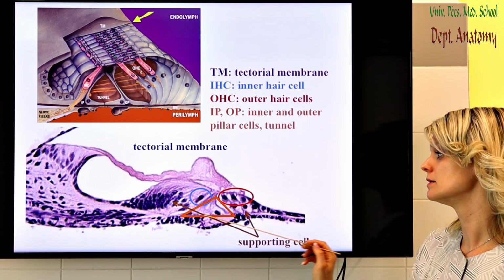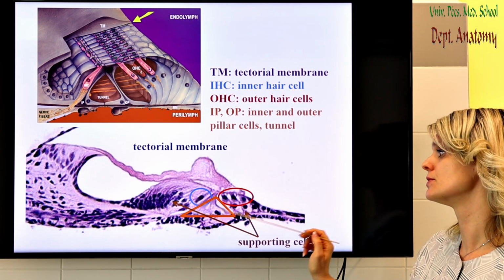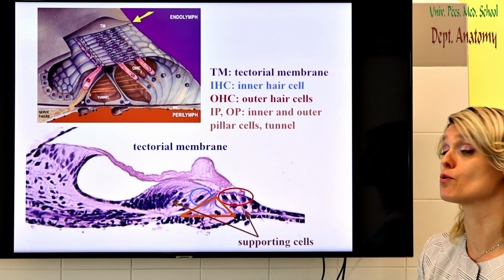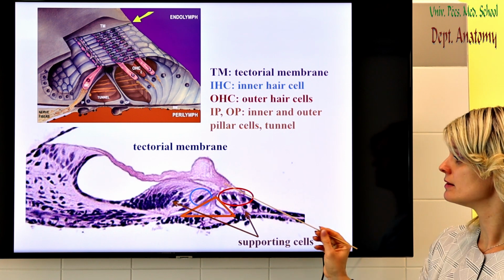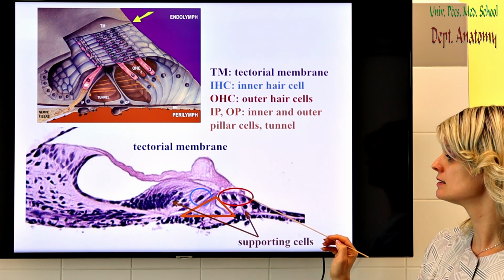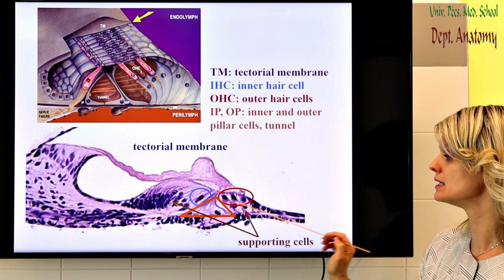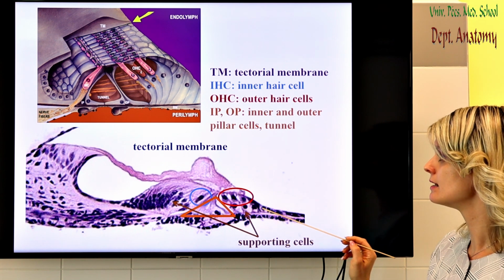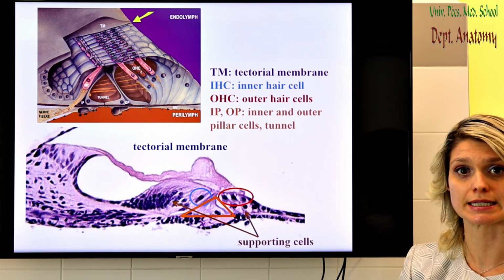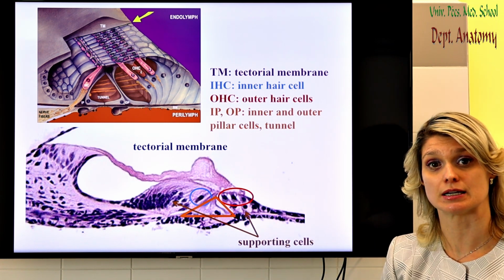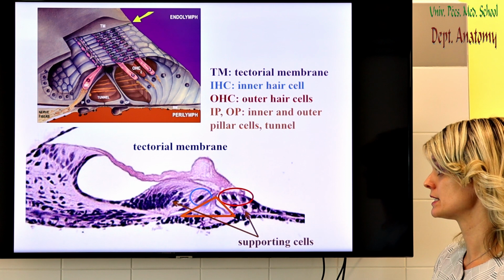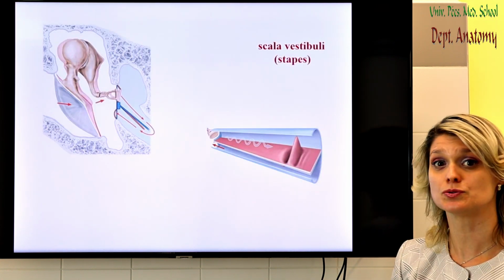In the middle, the inner and the outer pillar cell form this triangular shaped tunnel. There we have one inner hair cell and 3 outer hair cells. And under them we can see the supporting cells. So those are the cells that we have to distinguish in the histoslide of the organ of Corti. And how do they work?